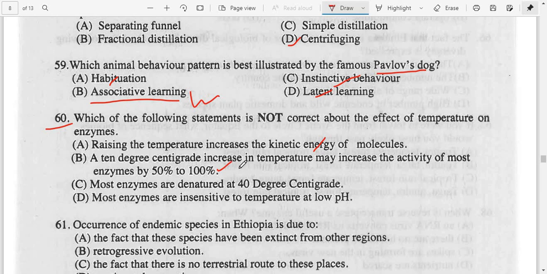Okay. Most enzymes are denatured at 40 degrees centigrade. Oh, yeah. Most enzymes are insensitive to temperature at low pH. Okay. So the answer is most enzymes are insensitive to temperature at low pH.